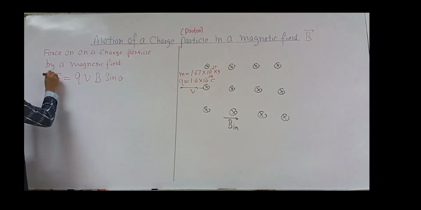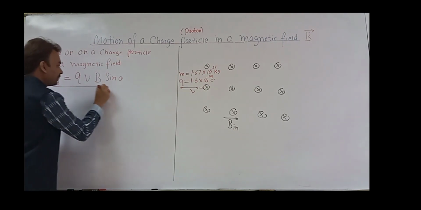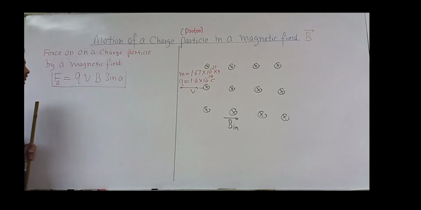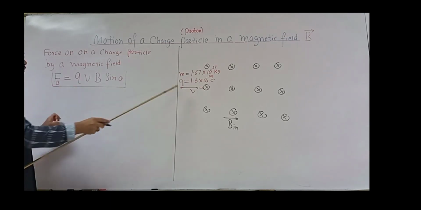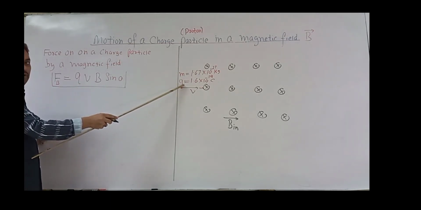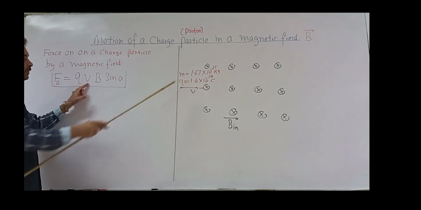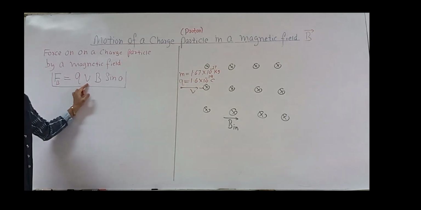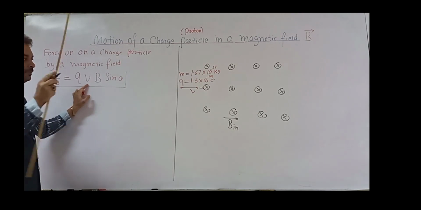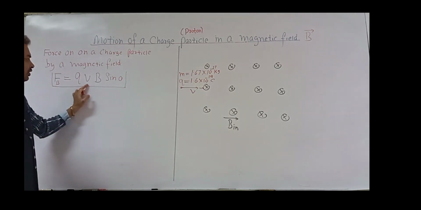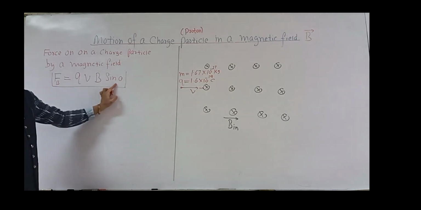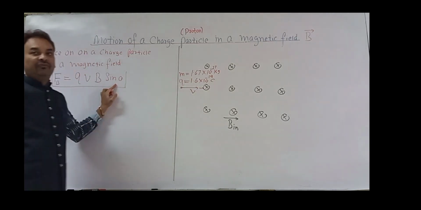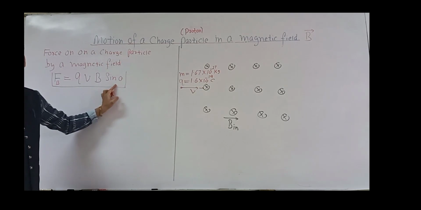So the magnetic force is given by F equals Q V B sine theta, where Q is the charge on the proton, V is the speed of the proton. The speed is slow now, it's not a high speed, it's a normal speed, right? And B is the magnetic field, already the inward magnetic field. Sine theta refers to the angle with which the particle enters the magnetic field.